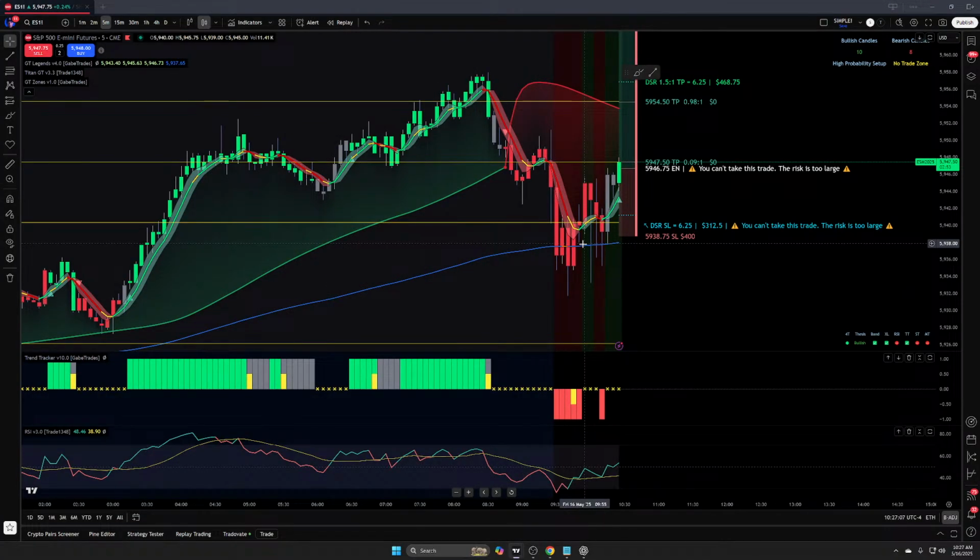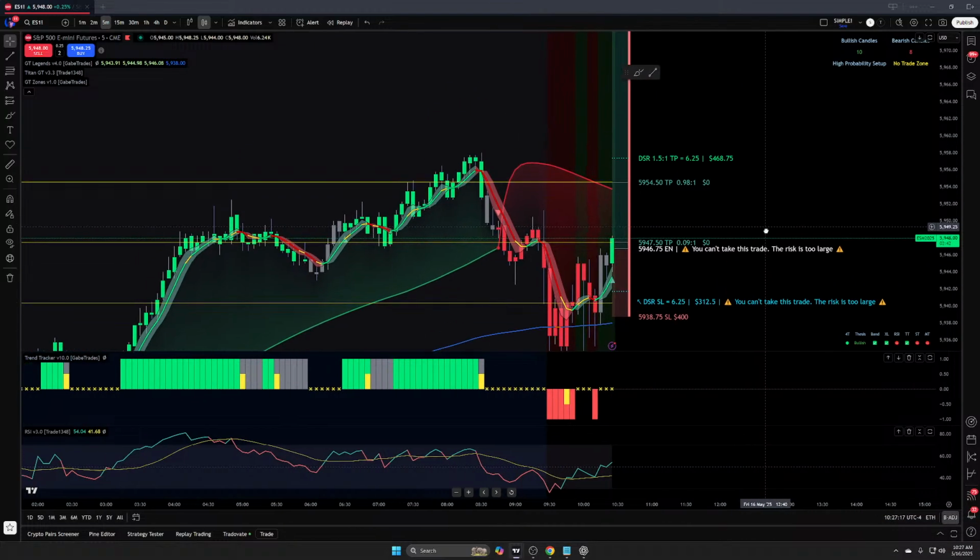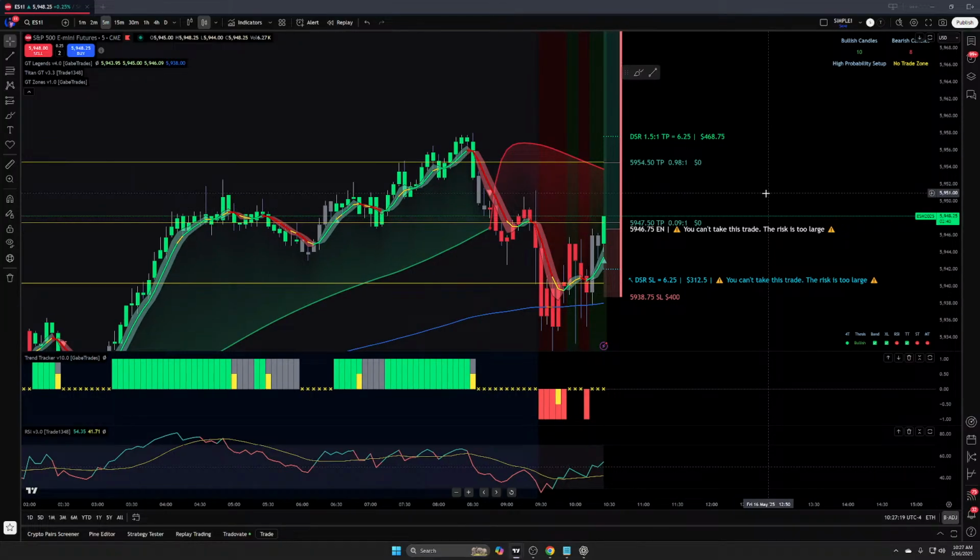It's going long, bullish. Exactly. So using that bit of information, we see how price reacts to the 200. We secure price action above this level, we're going long.